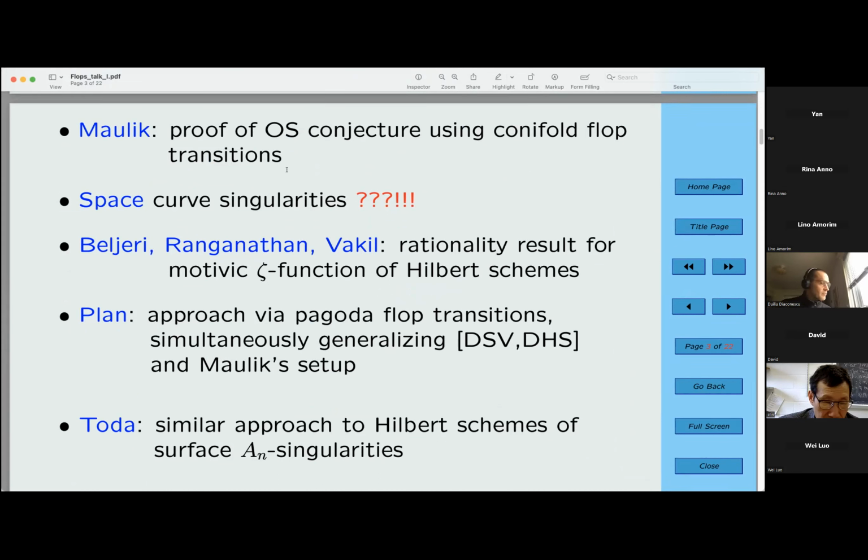What my recent interest in this topic is basically motivated by is trying to understand what we can say about space curve singularities. Space curve singularities, as you can easily imagine, are very hard to classify, first of all, because for a plane curve singularity, you have one polynomial equation in C2.